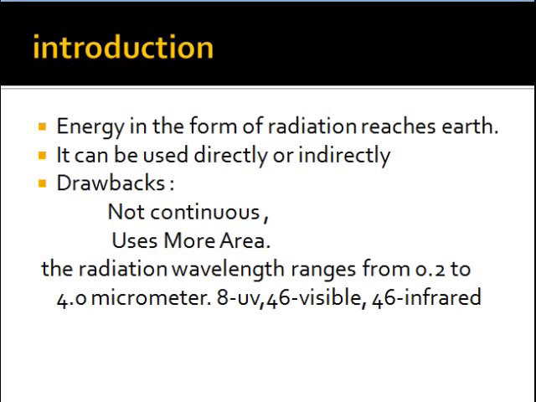The radiation which comes to earth is in the form of electromagnetic waves, and those electromagnetic waves have some wavelength, and that wavelength affects the energy absorbed, because each band has a certain form of energy. Say 0.2 to 4 micrometers is the effective radiation range that can be extracted or converted from the sun.